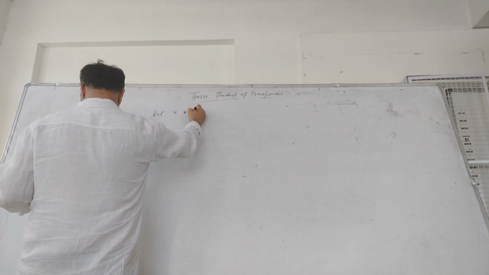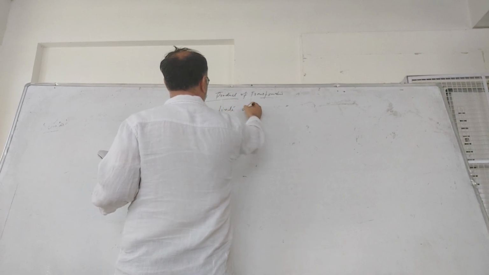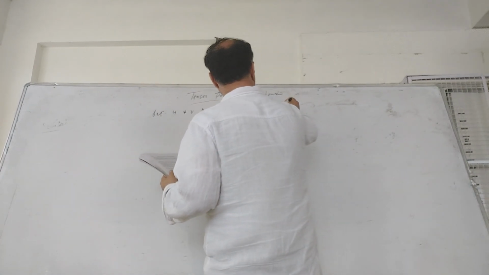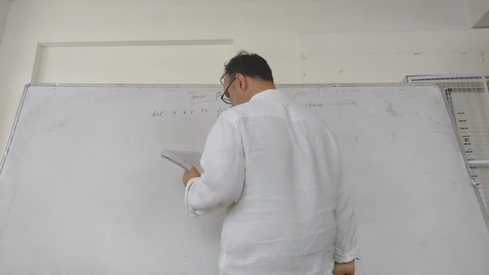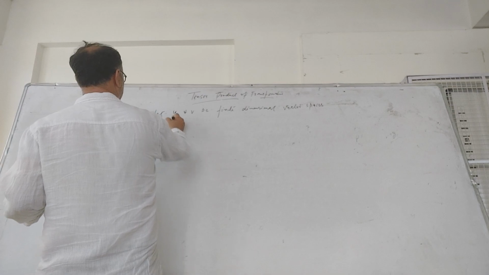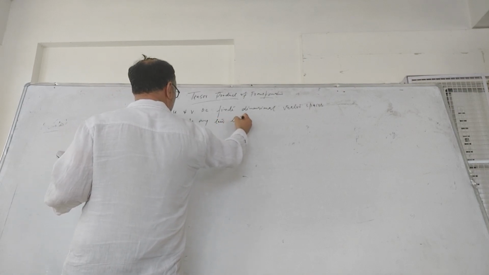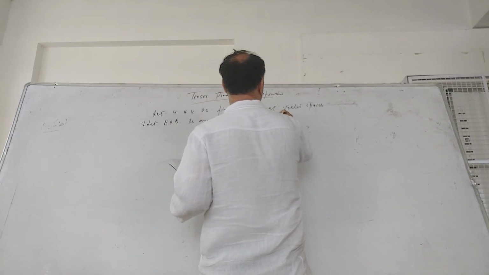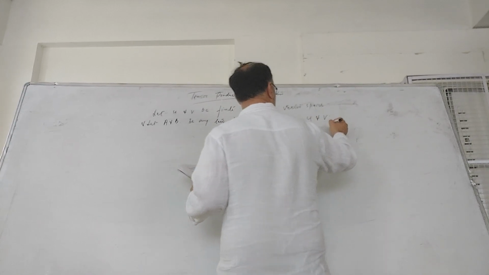So let U and V be finite dimensional vector spaces over the same field, and let A and B be any two linear transformations on U and V respectively.